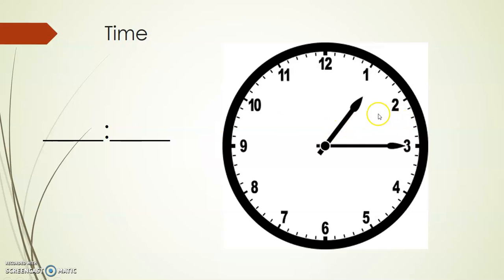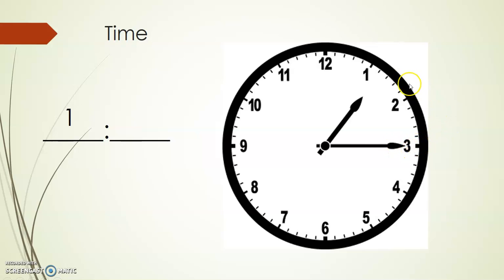Let's try another. Oh, this one's getting a little bit harder. Now we see this short hand is just past the 1. Has it made it to the 2 yet? So it's still in the 1 o'clock hour. So what's going to be this first number we write right here? 1 o'clock. Nice job. So we know it's 1 and this long hand is pointing at the 3.